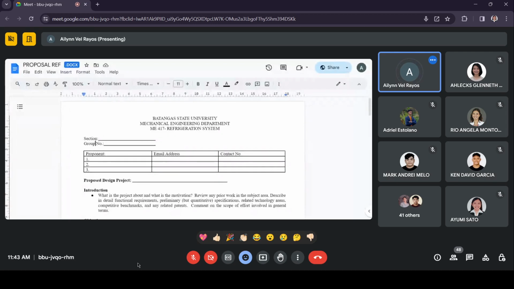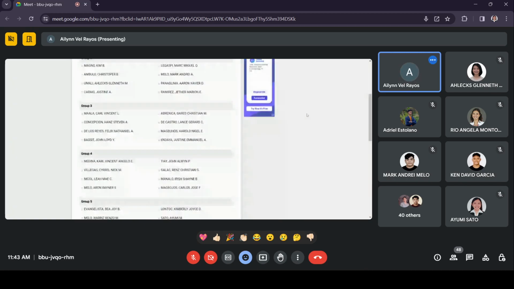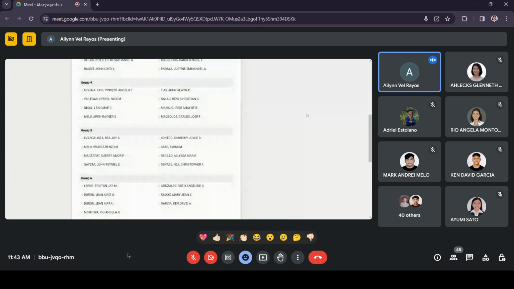Pa-screenshot naman ako dito. Group 1 to 3. And then group 4 to 6. Kindly share it in our GC. Kasi, ayan, nag-send pala yung isa. Ayan, try ko din pala to. Kasi kanina hindi siya mag-send. Ayan, nag-share na pala. Share ko na din. Yan.